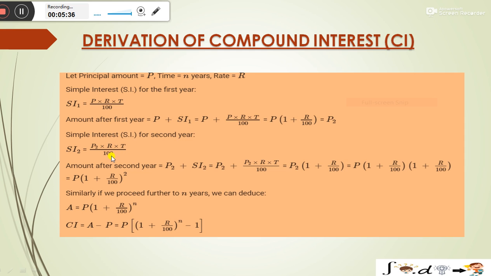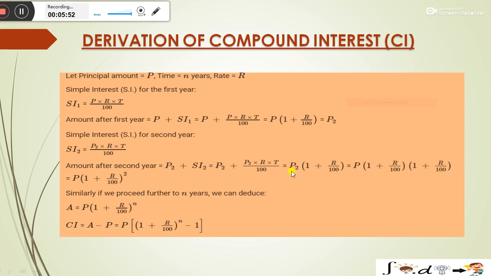R इंटू T बाय 100, and the amount after the second year is equal to P2 plus simple interest after the second year, and that is equal to P2 plus P2 into R into T by 100.